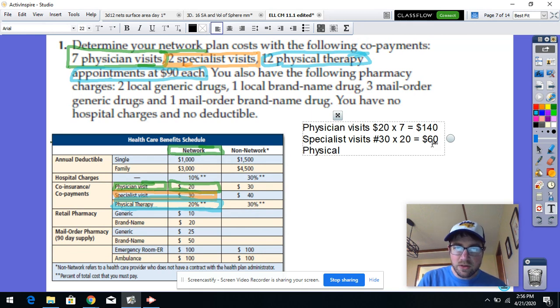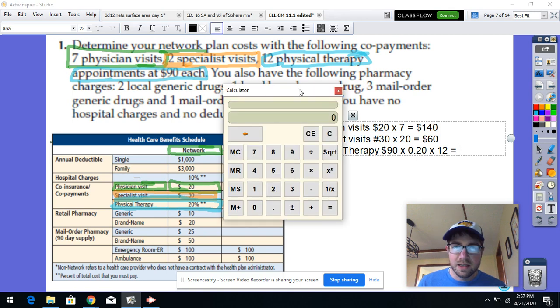So physical therapy, it would be $90 for each visit times 20%, because that's what it says in the table. And then there were 12 of those visits altogether. So I'm going to get out a calculator.